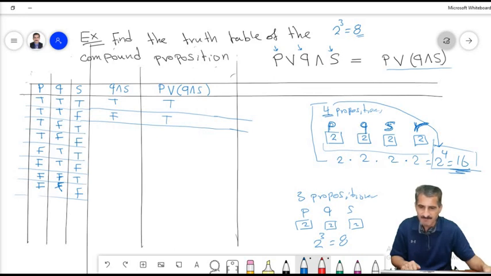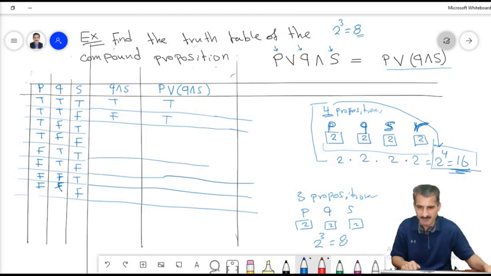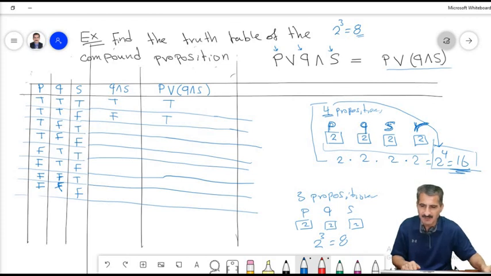Maybe if I go to the last one, Q and S, I want to get one which is false. So the last one is P or Q and S. False or false is false. Now F or F is F, and so on. And you can complete this.